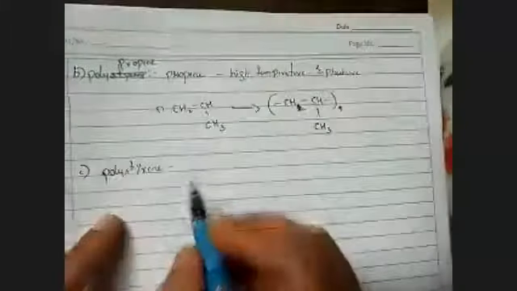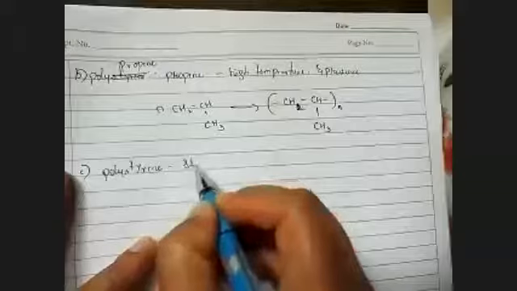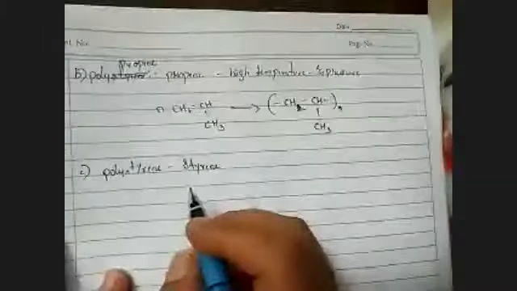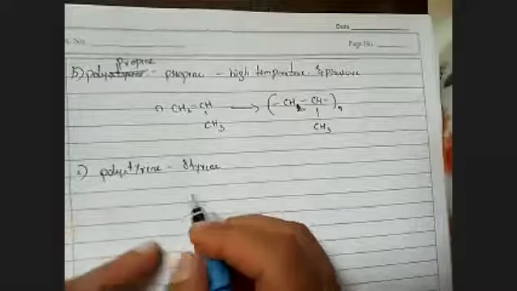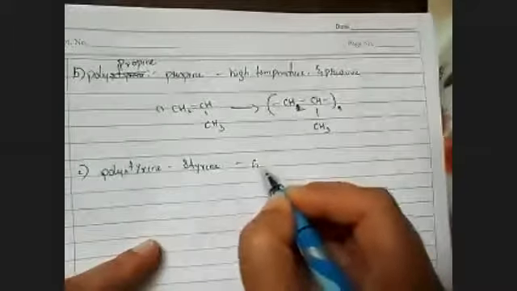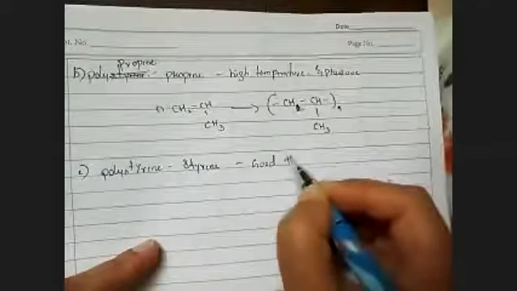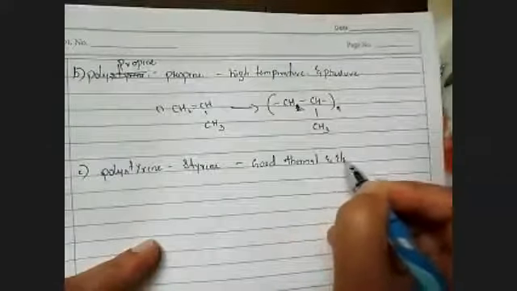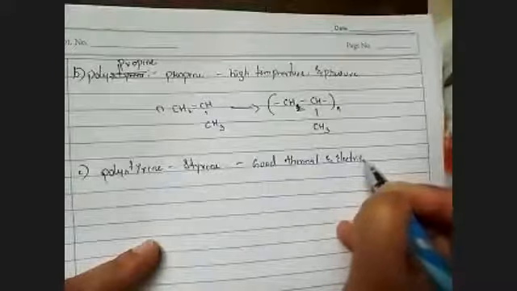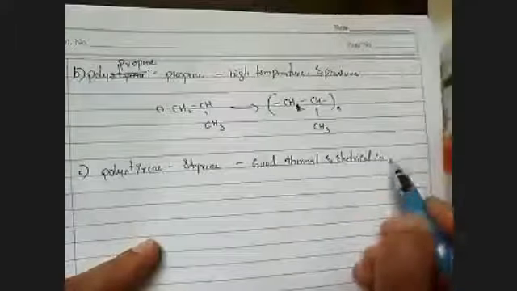So polystyrene, the monomer is styrene. Polypropylene, propene. Polystyrene, styrene. And it is a good thermal and electrical insulator.